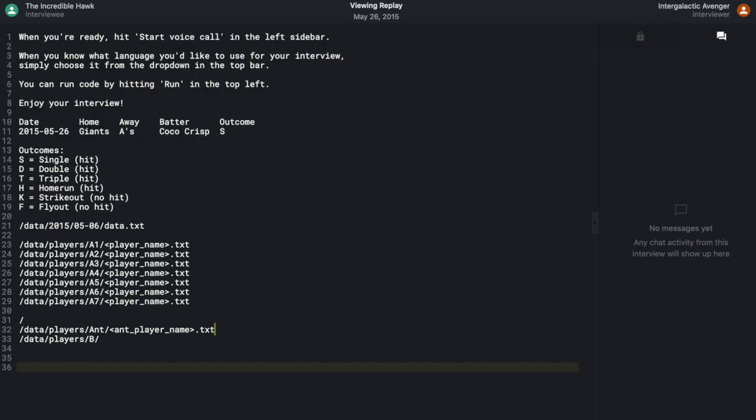Mapping, we're mapping the player and whether they hit or didn't hit. Sorry, so batting average is hits versus total attempts, total at-bats, yeah. So if you were mapping all of that, you get the total attempts.